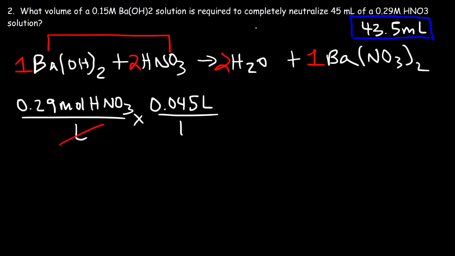So now we have the moles of the acid. Now let's convert it to the moles of the base using a molar ratio. For every 2 moles of nitric acid that participates in a reaction, 1 mole of barium hydroxide will react with it.